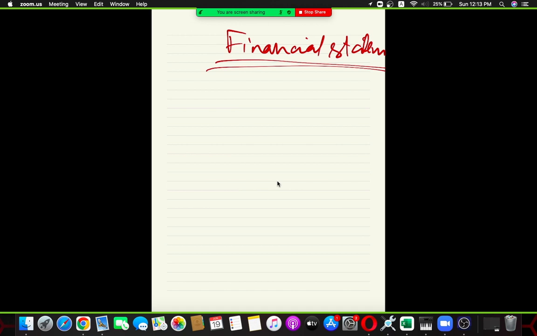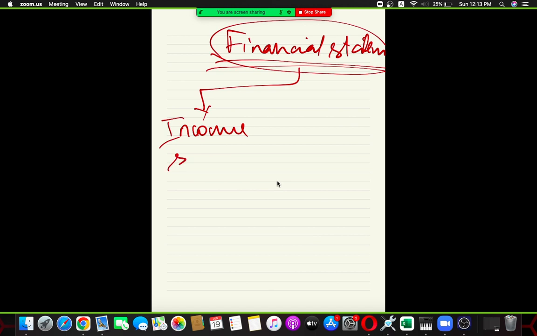Let's not get into the technicalities. As of now, just understand that financial statements consist of balance sheet, profit and loss account, cash flow statement, and notes to accounts. Easy. Now, that is for the companies. Let's come back to a sole proprietor and see what is there in the financial statements of a sole proprietor. The first thing we can see is the income statement.